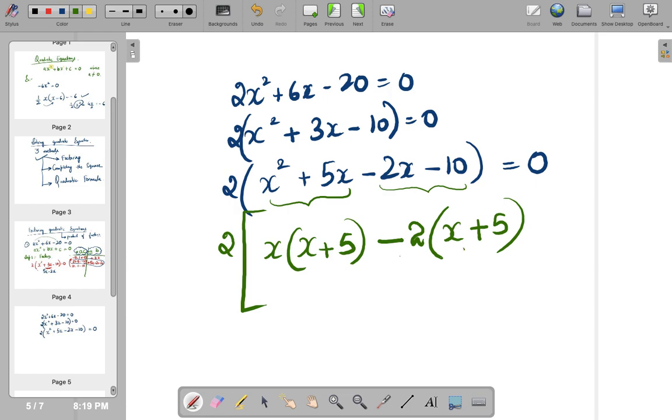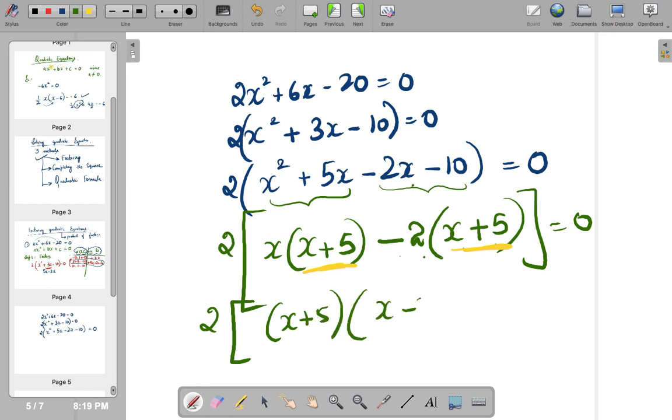Minus 2 times x is minus 2x. Minus 2 times 5 is minus 10. I close the bracket. Now if you observe here, in these two terms x plus 5 is common. I'll take x plus 5 outside. x plus 5. What is remaining? x minus 2 equal to 0.